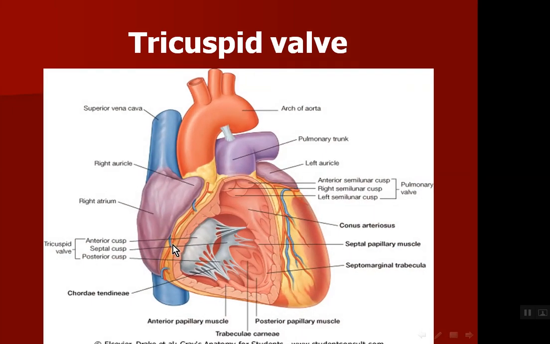As I said, the tricuspid valve is a valve between the right atrium and ventricle. This valve is connected with some papillary muscles by some tendons, as you see here, for adjusting and controlling the opening or closing of the valve.